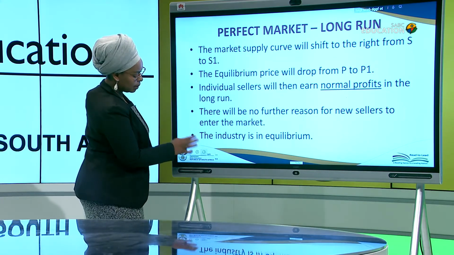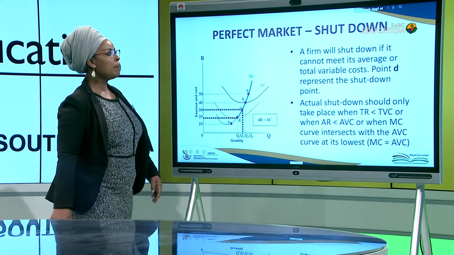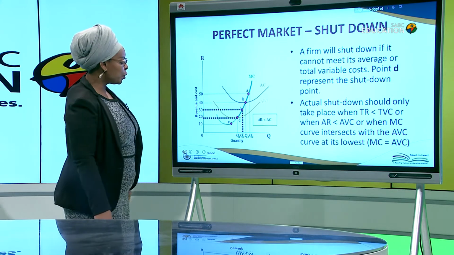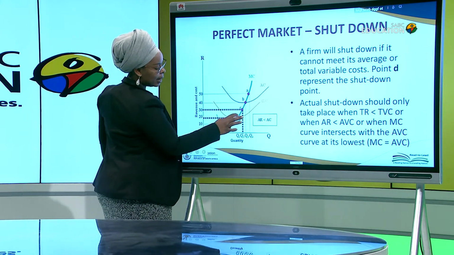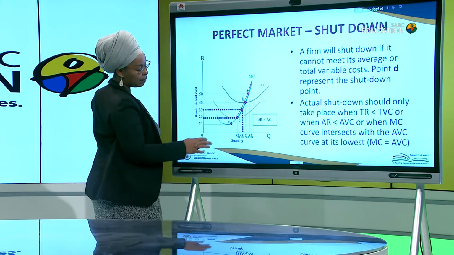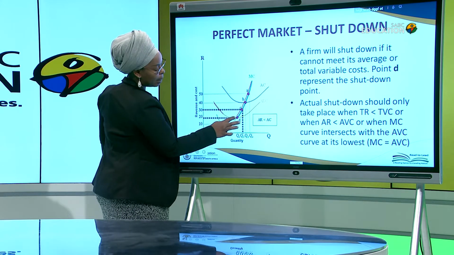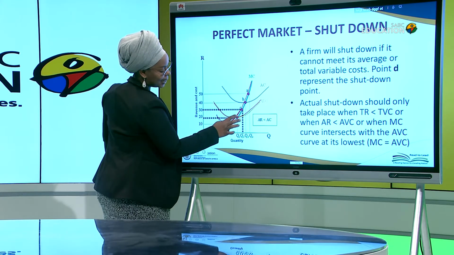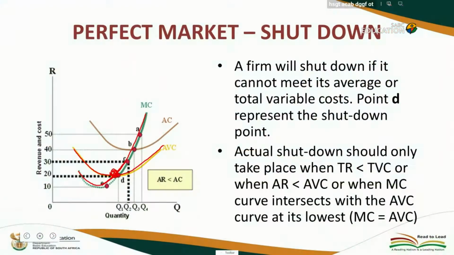This was explained. So going back to the shutdown point, where I've indicated to you that the solid line represents the MC curve. The business will shut down at the point whereby the AVC and the MC intersect. They intersect at point D. So what I want you to take note of is bullet number 2.